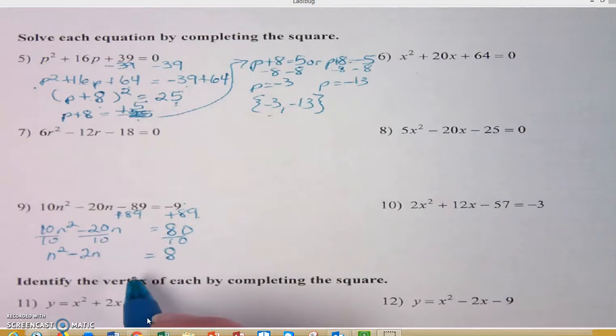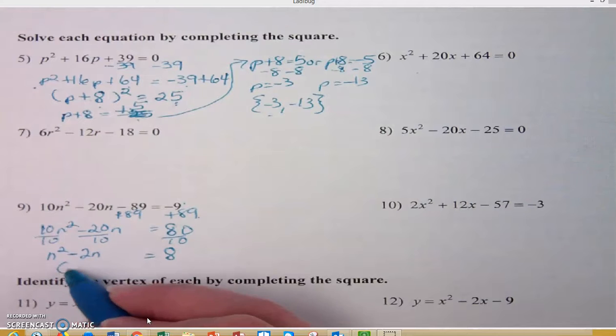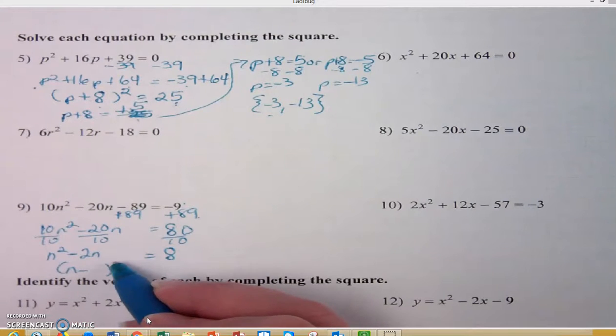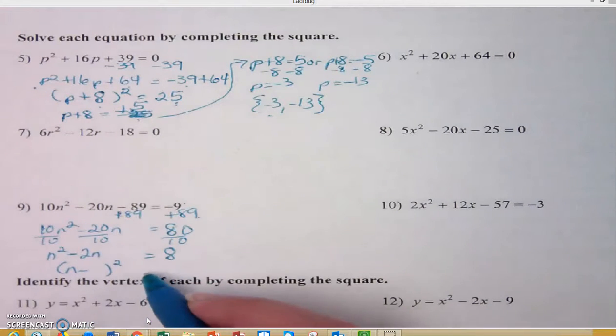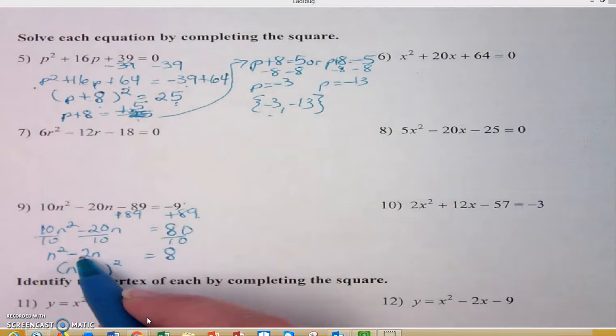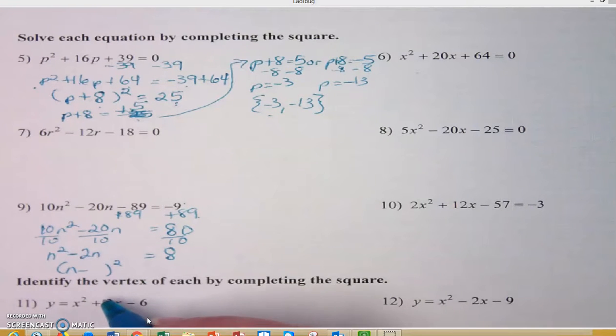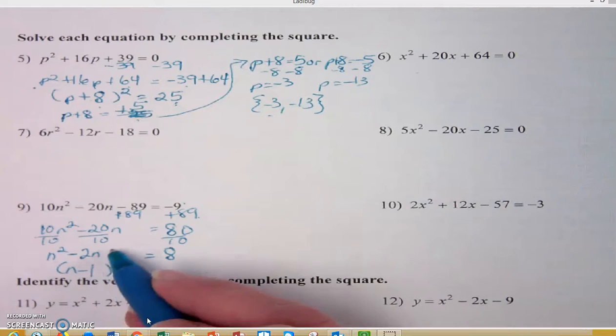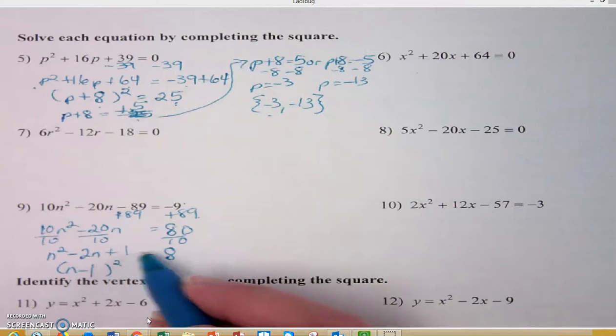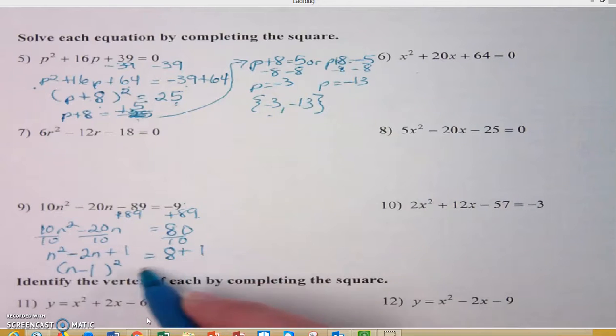So now I need to complete the square. I'm going to go ahead and write what my factored form is going to be. So I take negative 2 divided by 2, I get negative 1. Negative 1 squared is positive 1. I have to add it to both sides. So n minus 1 squared equals 9.